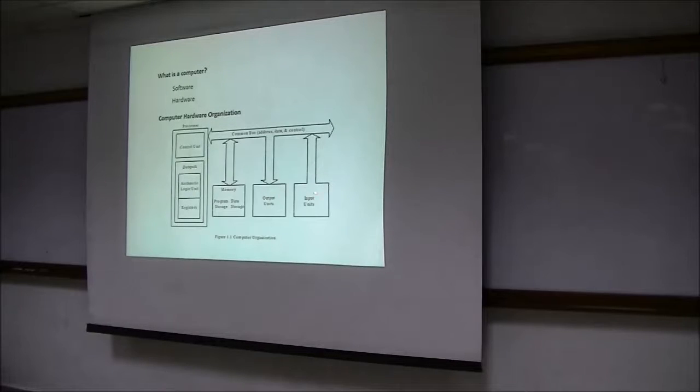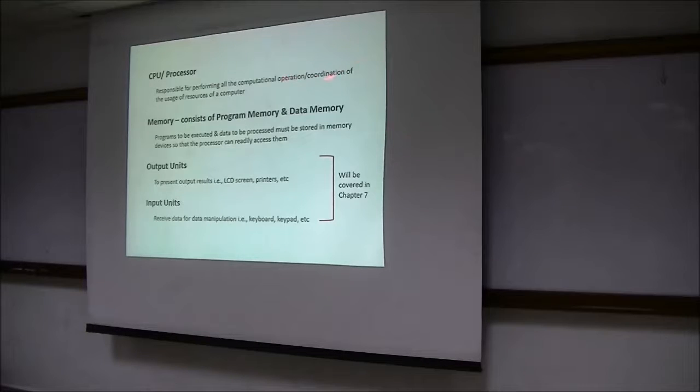All these resources, to read the data from the memory or to write the data into the memory and to take the data to perform some computation, and also if you want to display it out or you want to take an input, all those are actually controlled by the CPU. So that's why it is telling coordination of the usage of resources of a computer. Is it clear? This is a simple layman's term. Anyway, this one they won't ask you. It's for you to understand.